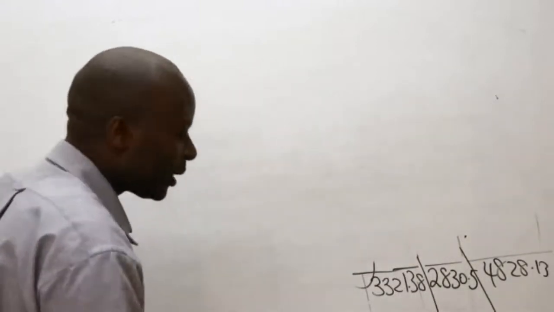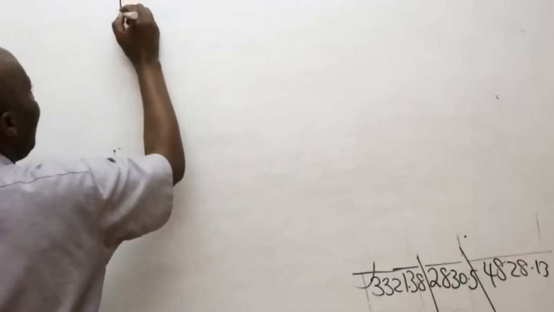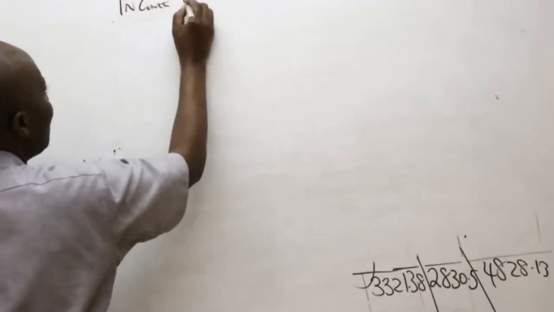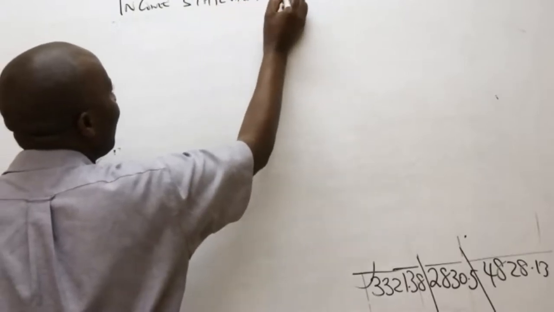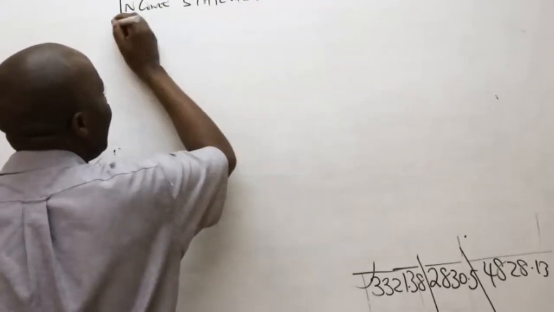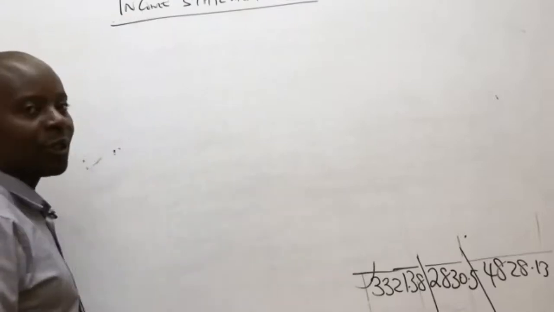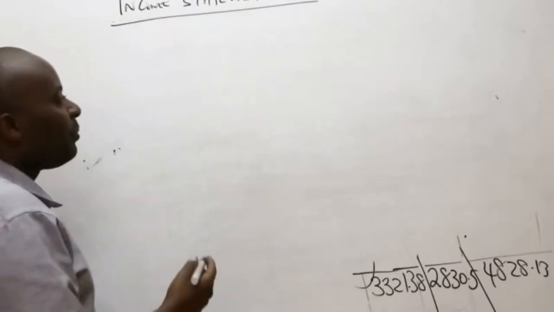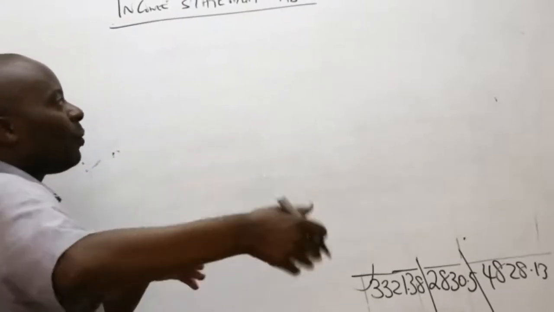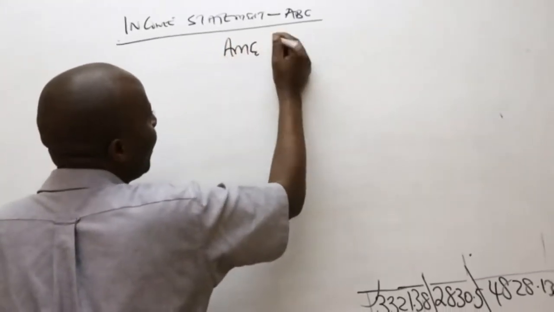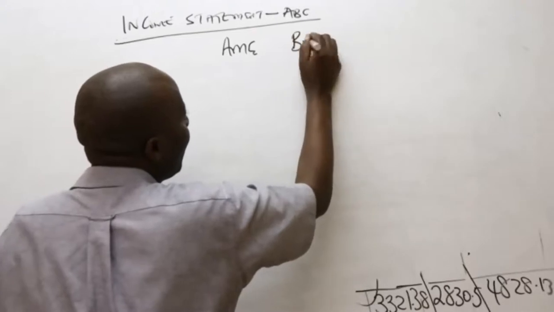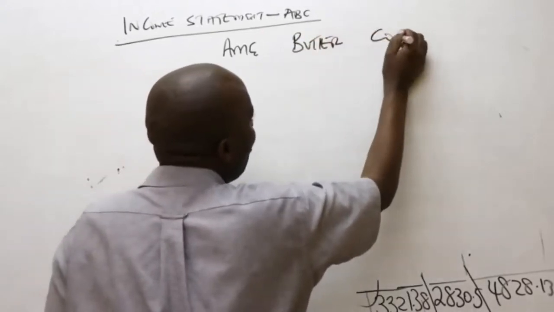For the income statement, I'll do incomes for each of my various products, where the first one is American, the second one is butter, and the third one is comfy.